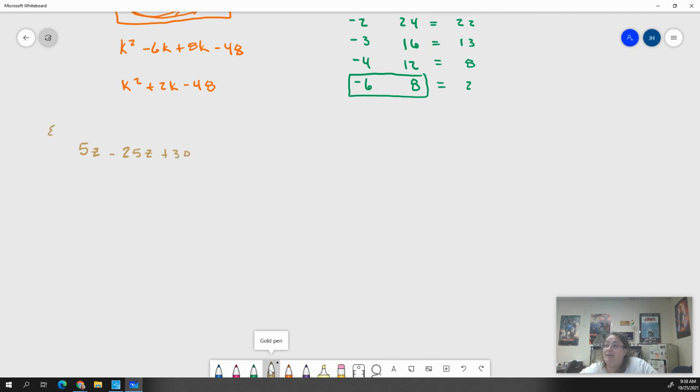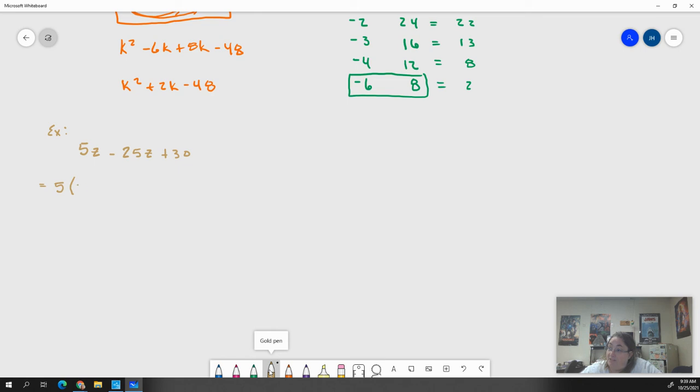When I look at this example, notice we don't have an a as our x term. And we won't always, and we'll go into how to deal with those later if they're not a common factor. But for the sake of today, each of them are divisible by 5. So we can start by pulling out a 5, right?